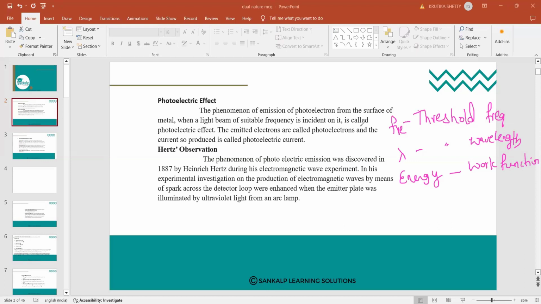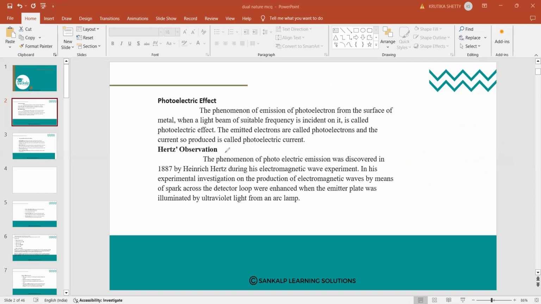So: electron emission, types of electron emission, the photoelectric effect, and the related terms, the minimum frequency, minimum wavelength, and minimum energy required for the photoelectric effect, the work function. After this, we discussed the experiment, the Hertz and Lenard experiment.